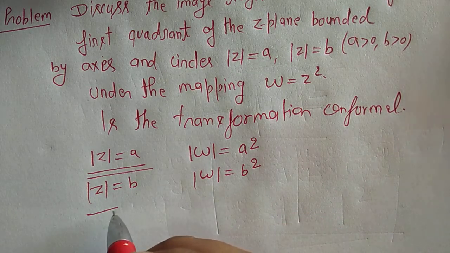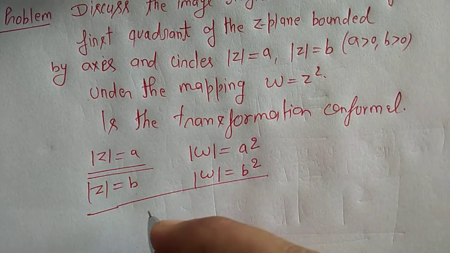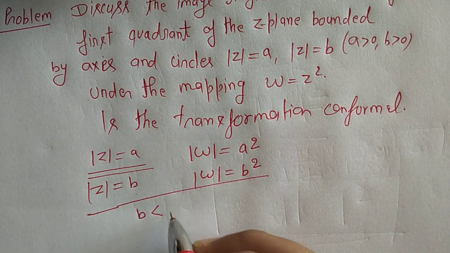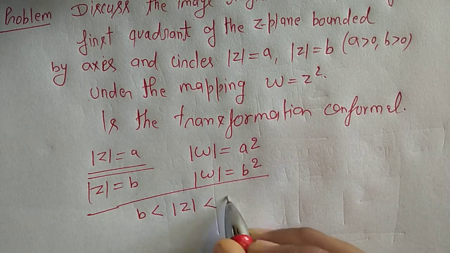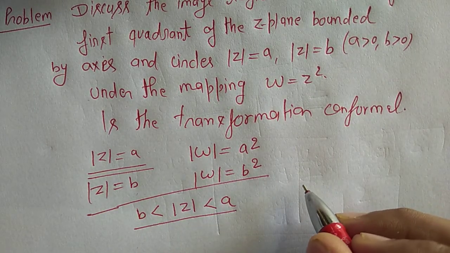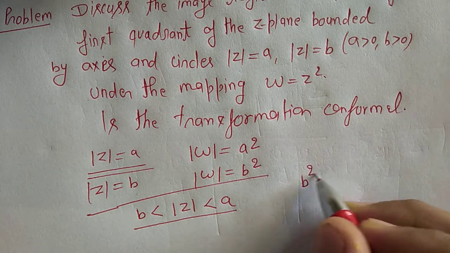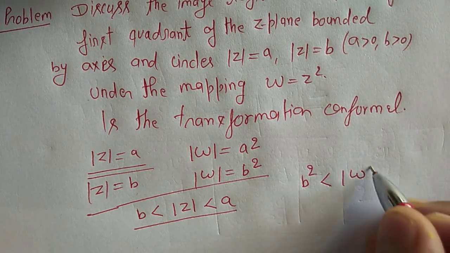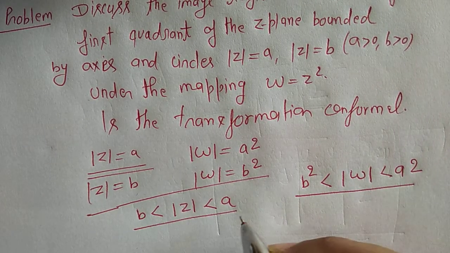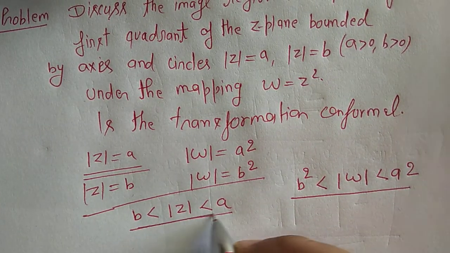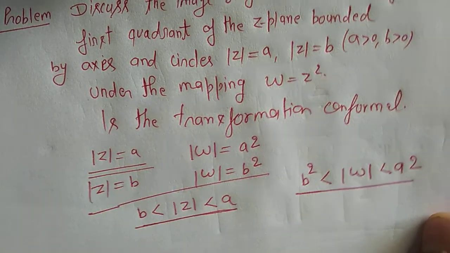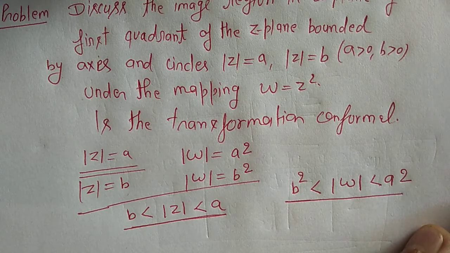So the region in the Z plane is B less than mod Z less than A, so the region in the W plane will be B square less than mod W less than A square. So this is the circle.